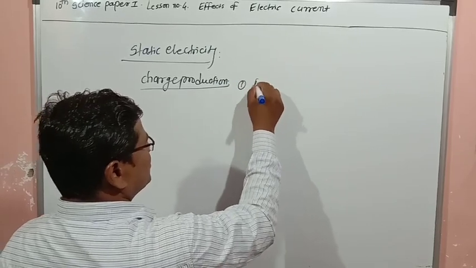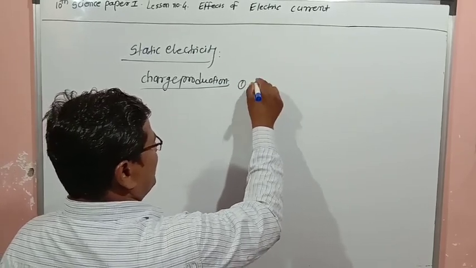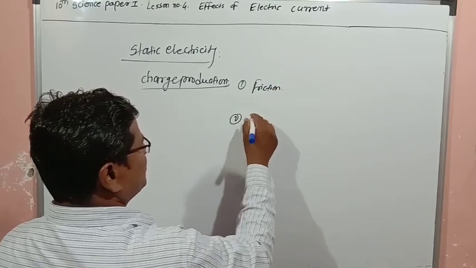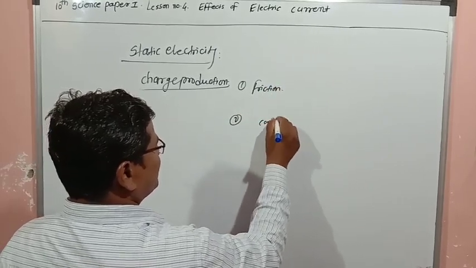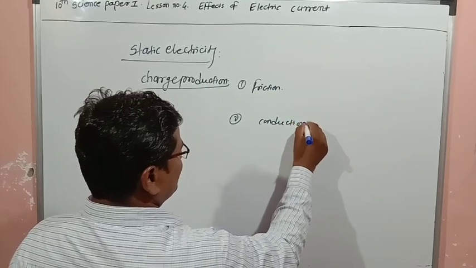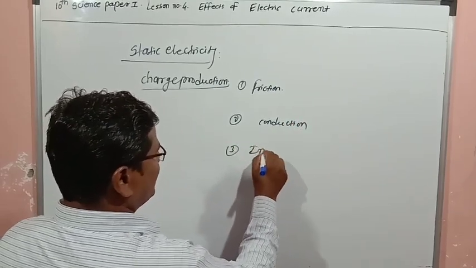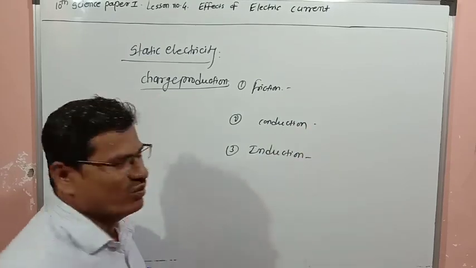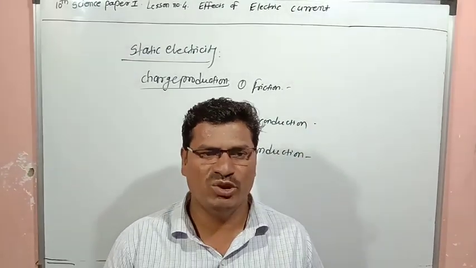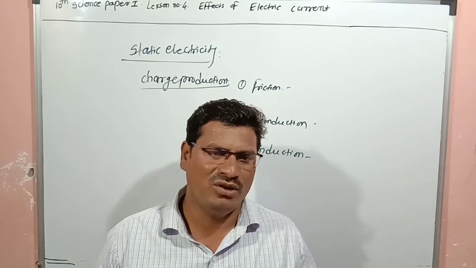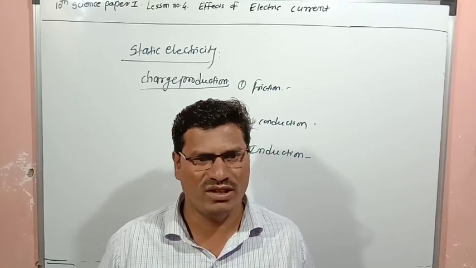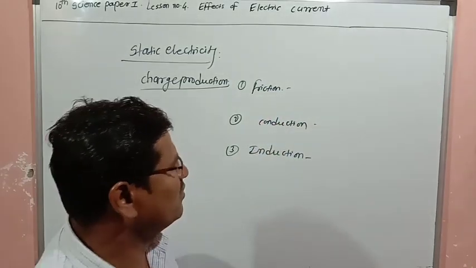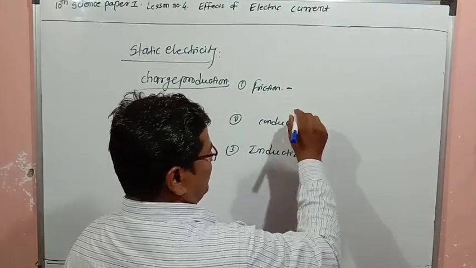First is by friction, second is by conduction, and third is by induction. When you do friction between two objects, the objects get charged, and that charge can be transferred. Charge is produced by friction.